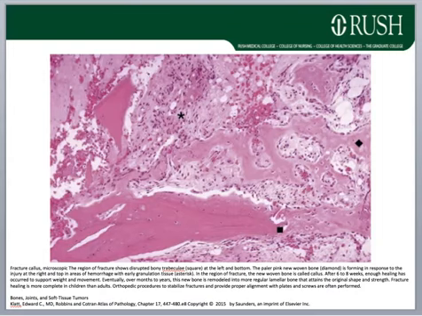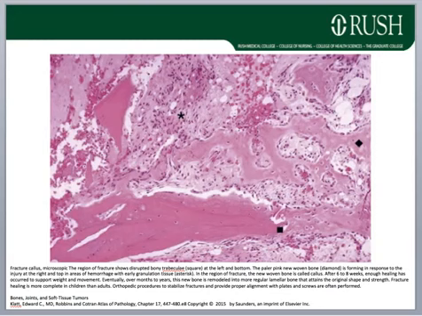This is what this process looks like microscopically. The region of the fracture shows disrupted bone trabeculae, indicated by the square toward the bottom of the slide. The paler pink areas noted by the diamond here are the woven bone, which is formed in response to the injury, and is the initial way you can identify that new bone is forming.